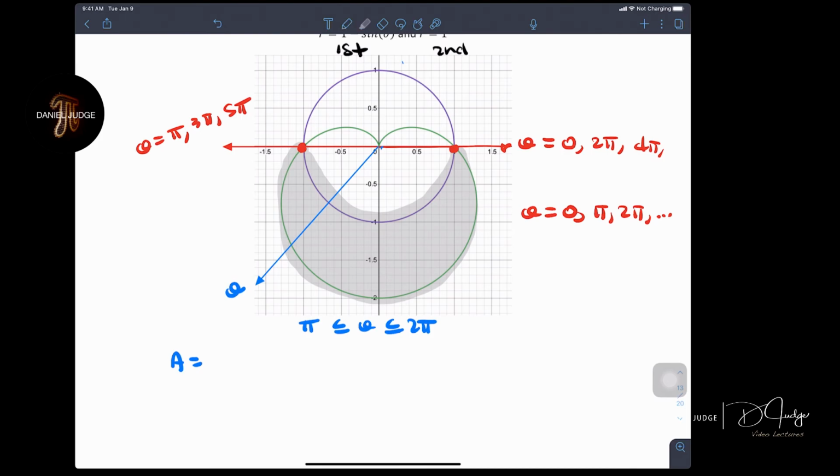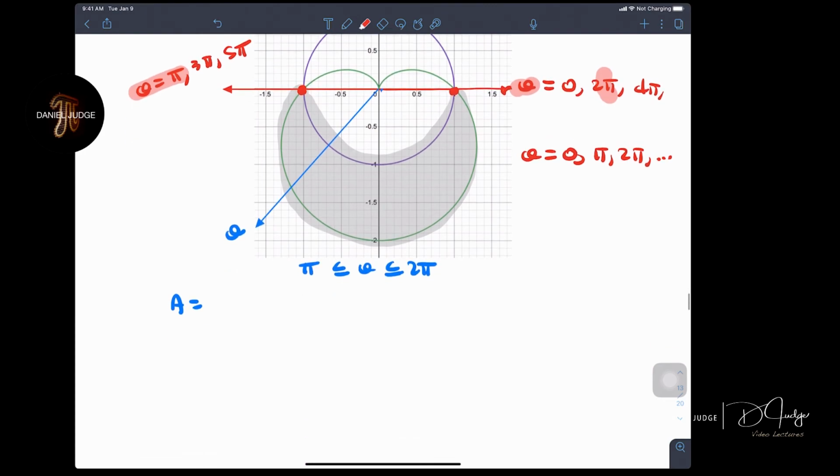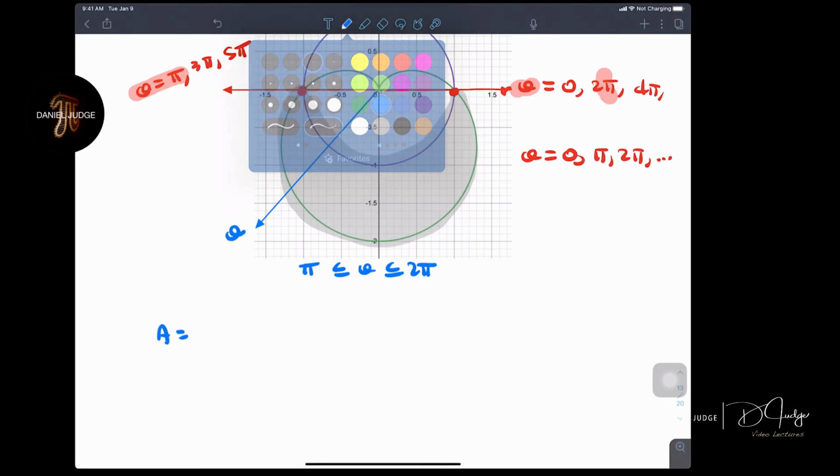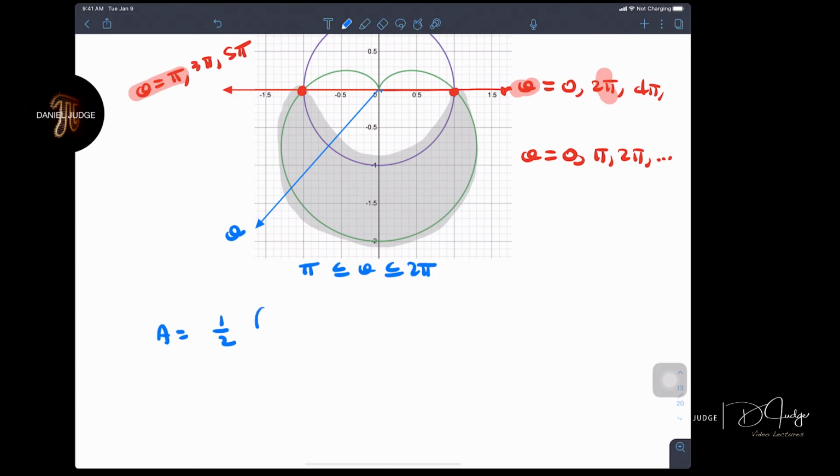So I can start with my lower limit being pi, and I rotate all the way to the upper limit being 2 pi. So I have this increasing theta here. So the area now, remember, is 1/2 integral from pi to 2 pi of r outside squared minus r inside squared d theta.